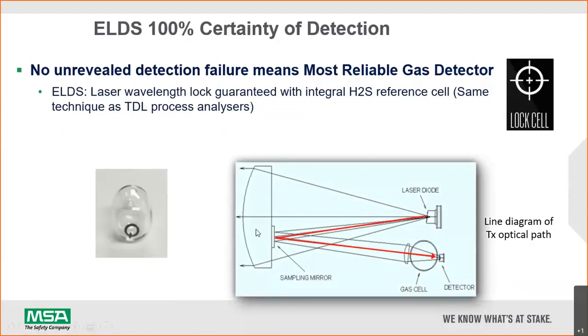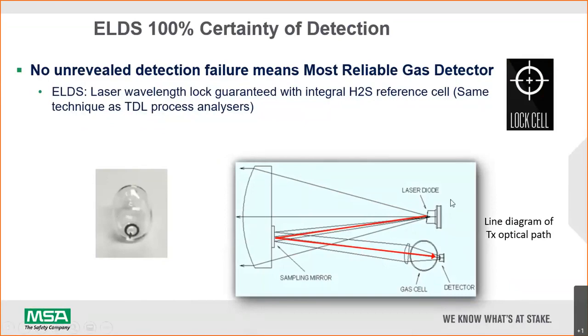So how do you ensure that the laser has no drift? If you are measuring H2S, which is at 1589 nanometer, we ensure that throughout 365 days the laser emits 1589 nanometer only. If there is a small drift of even 1 nanometer here and there, even though H2S is there, it will not be detected. So we have a technology called laser lock.